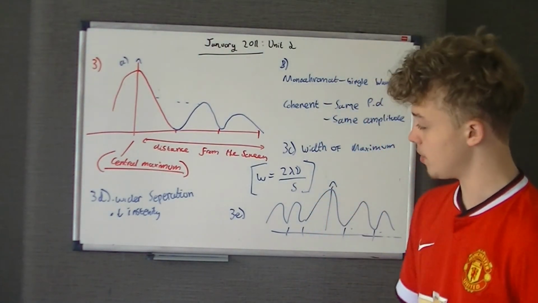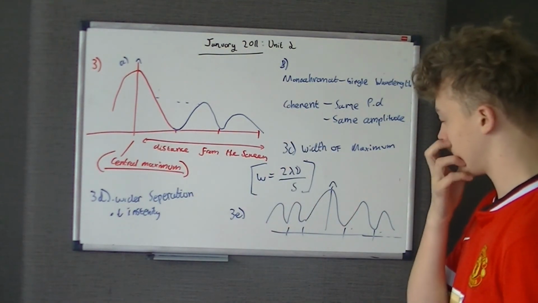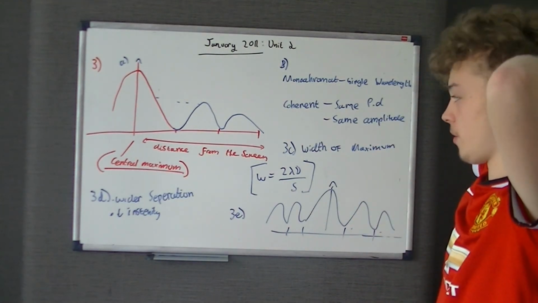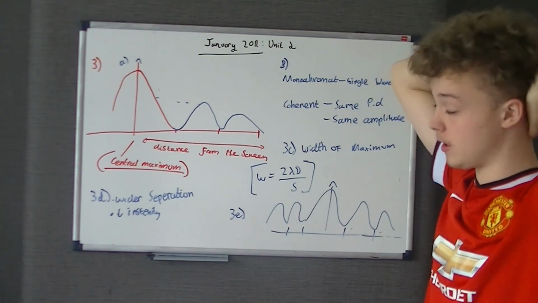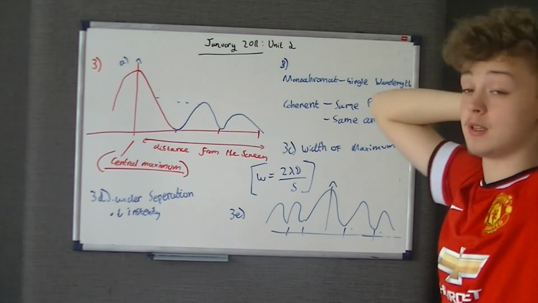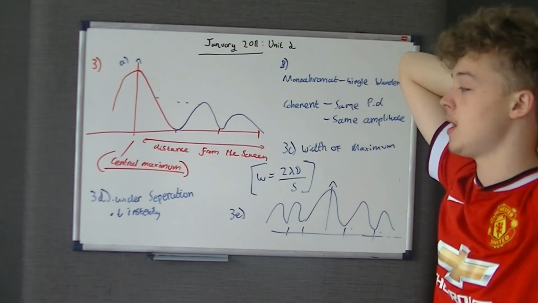So all you need to remember as an overview from question 3 is that the intensity reduces as you get further away from the central maximum. For the monochromatic light, it's a single wavelength. Coherent is the same phase difference and amplitude.